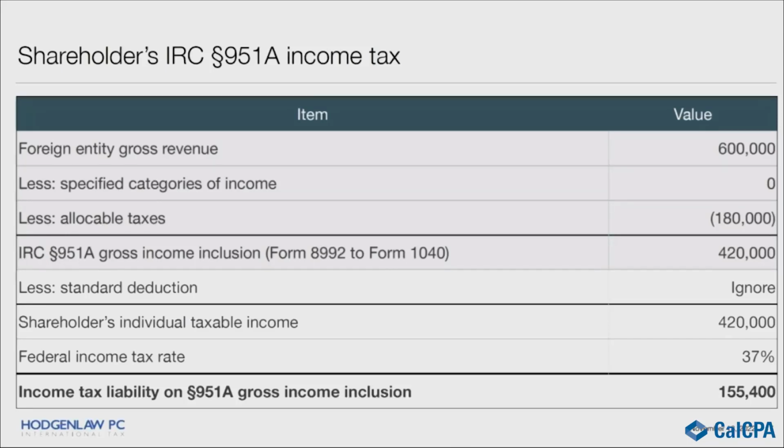And we have taxable income for the shareholder, $420,000. It's all ordinary income. So let's just say that the shareholder's income is high enough to pin the meter at 37%, and the tax liability is going to be $155,400. So that's the tax liability that the individual shareholder is paying on the foreign corporation's net income.